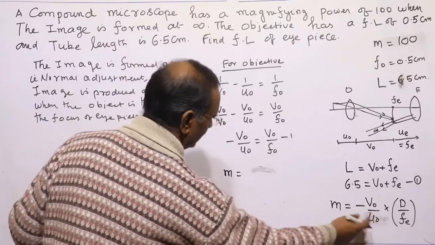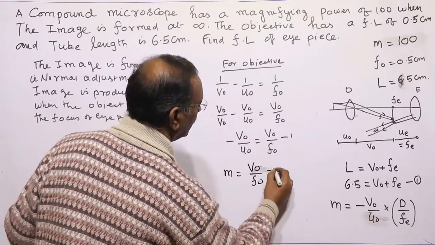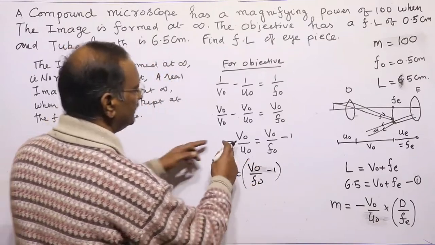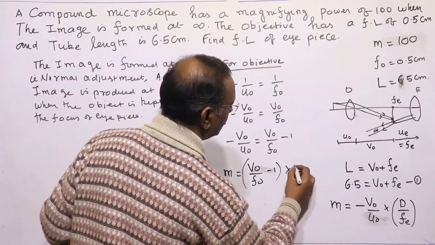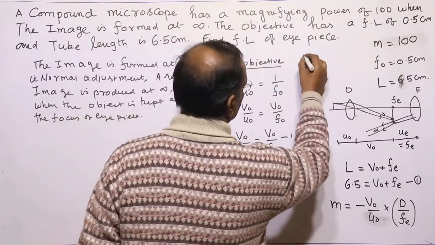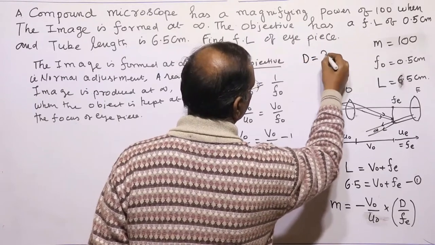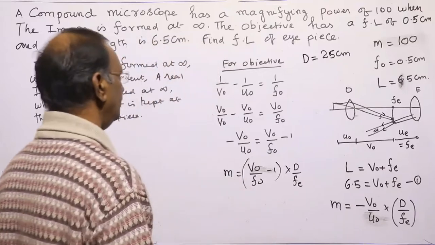Now magnification is equal to V0 by U0, which we can write as V0 by F0 minus 1, into d by FE, since d is the least distance of distinct vision, equal to 25 centimeter for a normal human being.